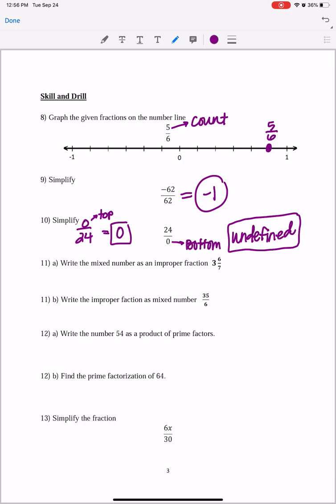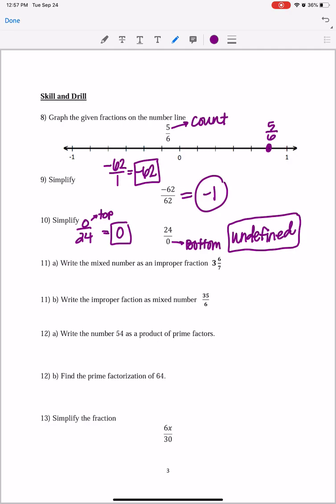And then the only other kind of rule that's similar to these is if you have something like negative 62 divided by 1, then that's going to be negative 62. So those are just little extra tidbits for you.